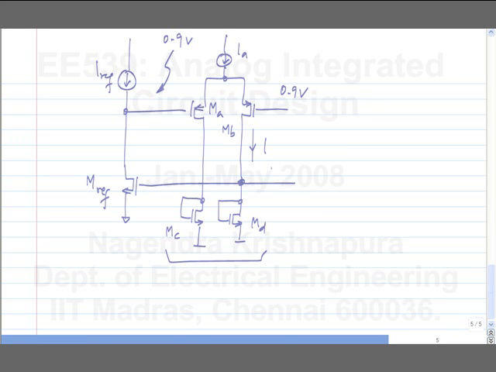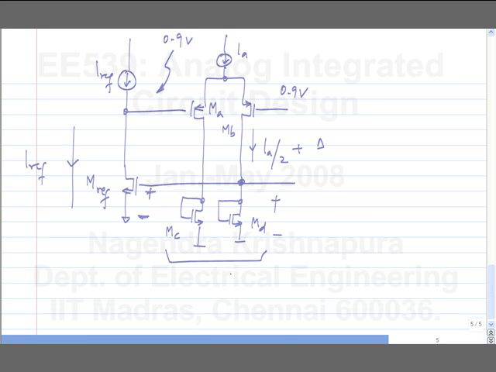So that causes a particular VGS here. With that VGS, this should be carrying IREF. Otherwise, you will end up with a systematic offset. Let's say the voltage you need here to have IREF at this point is such that this is not IA by 2, but this is IA by 2 plus delta. Is this argument clear? I need certain VGS at the gate of MREF for it to carry IREF.